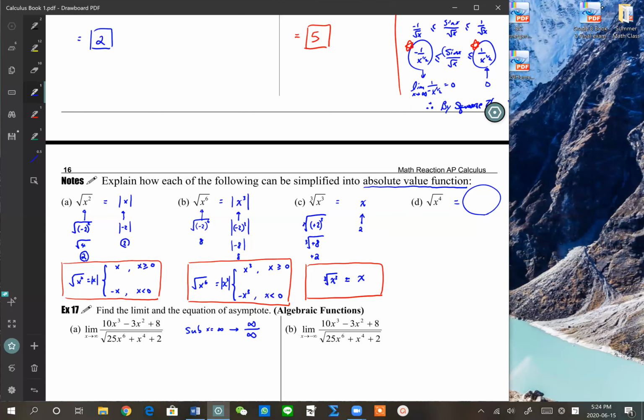Does anyone need me to clarify these things? Okay, a little bit confusing, a lot of thinking involved.